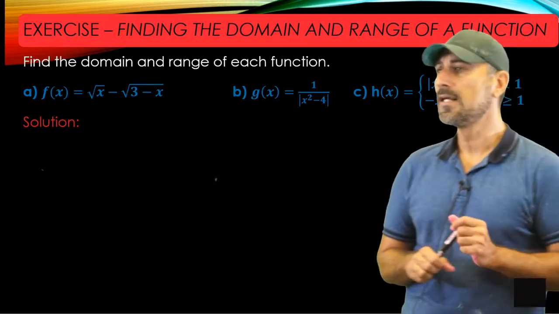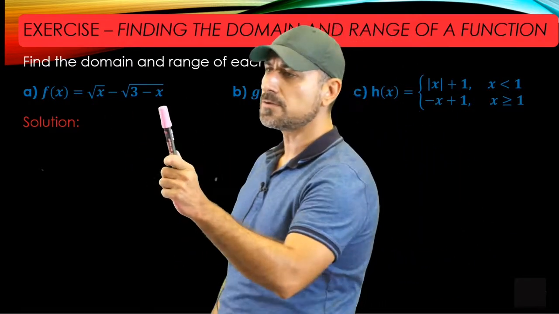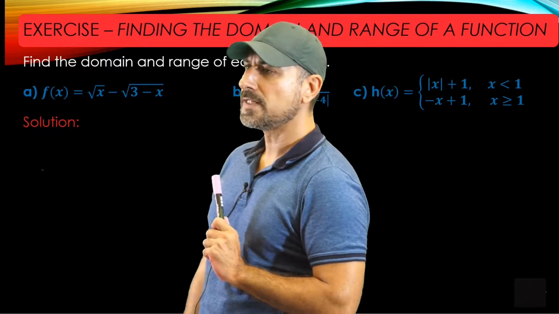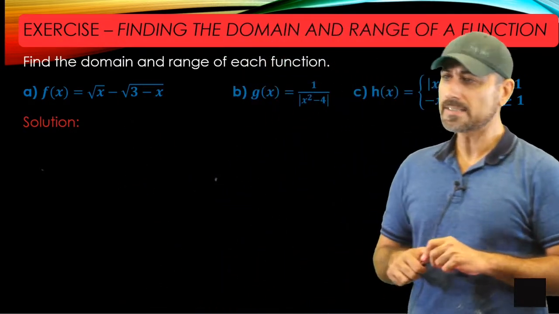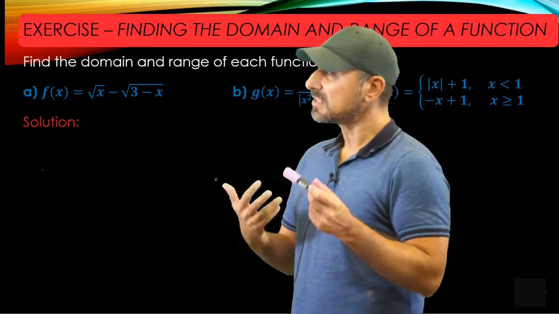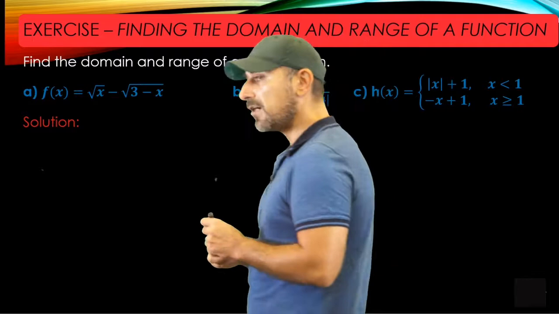Okay, let's look at part A. Part A is the difference of two square root functions. One is square root of x and the other one is square root of 3 minus x. Let's try to construct a domain by just looking at the statement of the function.